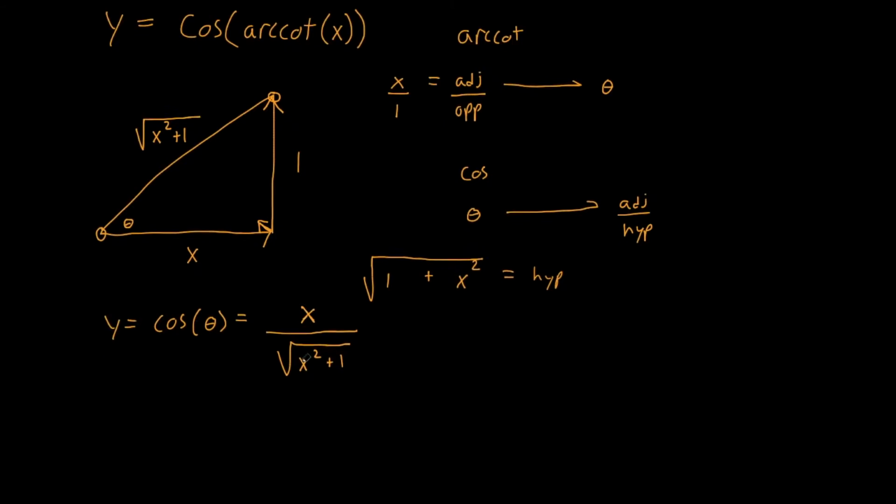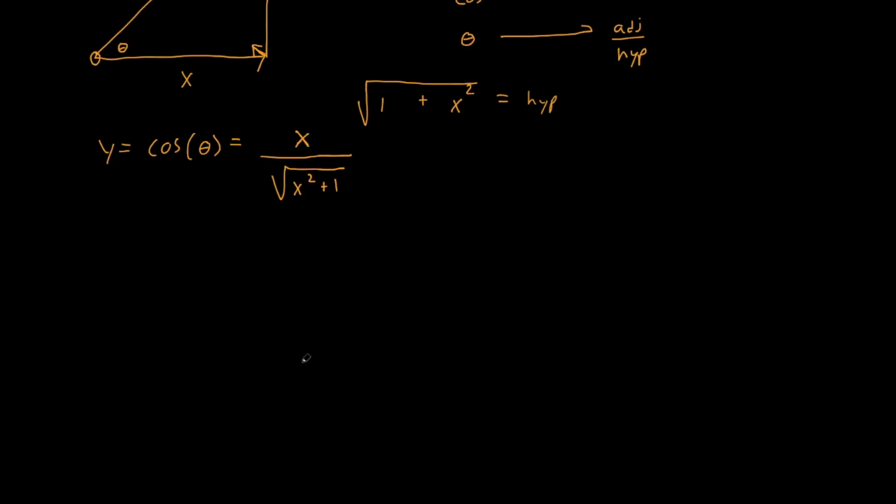And then let's take the derivative of both sides of that equation. So dy/dx is equal to the derivative with respect to x of x. And actually we're going to write the denominator as a fractional exponent.